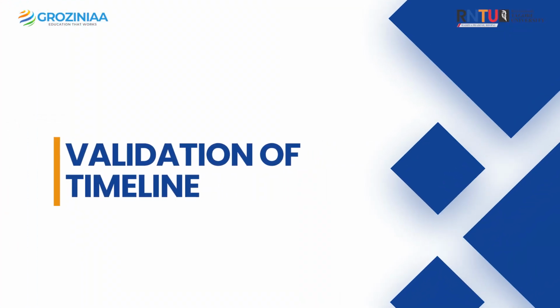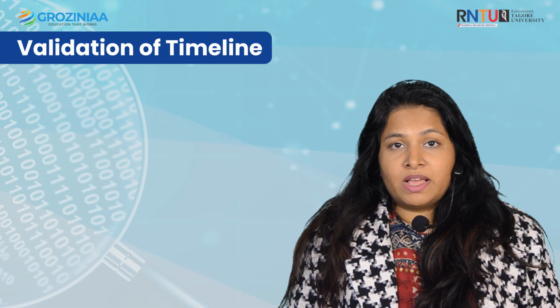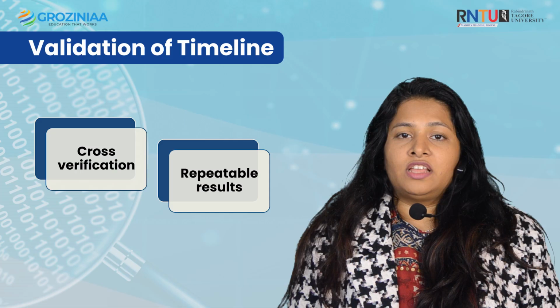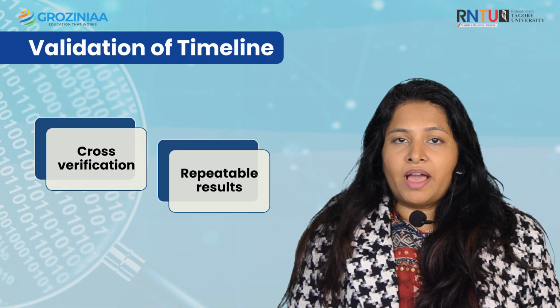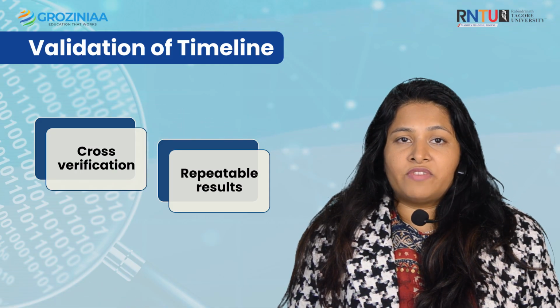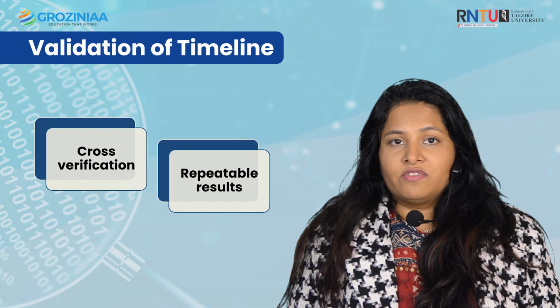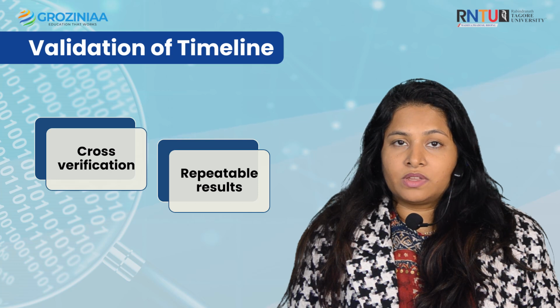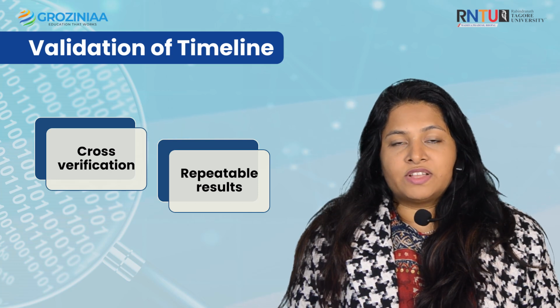Now, it's important for us to understand the validation of timelines. Timelines must be validated through cross verification. Each critical event should be supported by more than one artifact whenever possible. Validation ensures timelines are reliable, repeatable, and defensible.